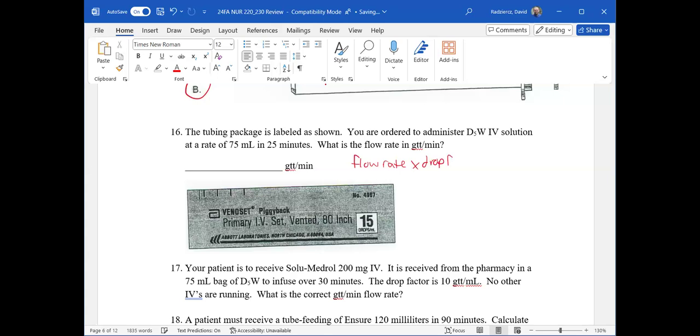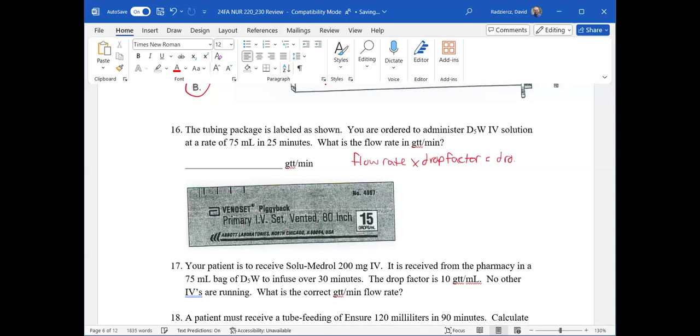So that's a good clue that you're dealing with a drop rate question, is that it'll have a drop factor listed for you. Flow rate is typically milliliters per hour. It could be milliliters per minute, and now I'll kind of help you distinguish when to use that. Drop factor is drops per milliliter, and drop rate is drops per minute.